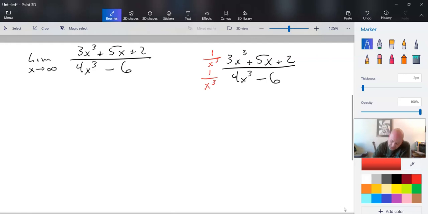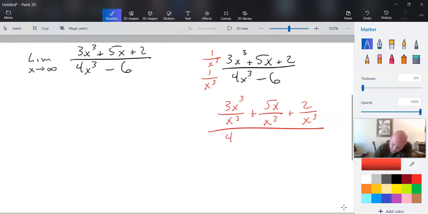Right, and that's going to change my function to 3x cubed over x cubed plus 5x over x cubed plus 2 over x cubed over 4x cubed over x cubed minus 6 over x cubed.